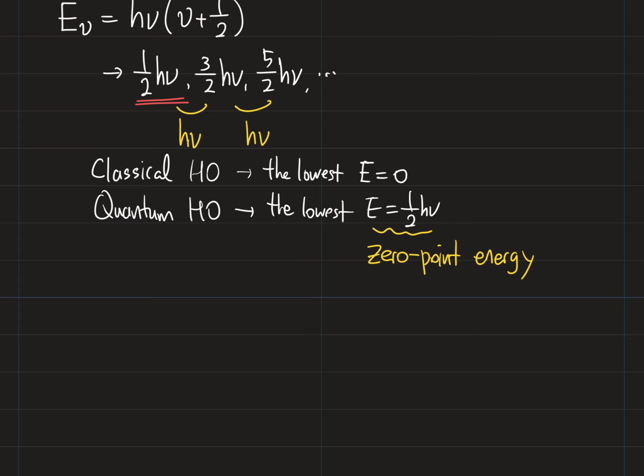If you try to remember the Heisenberg uncertainty principle, this principle states that it is not possible to measure the position and the momentum accurately at the same time.